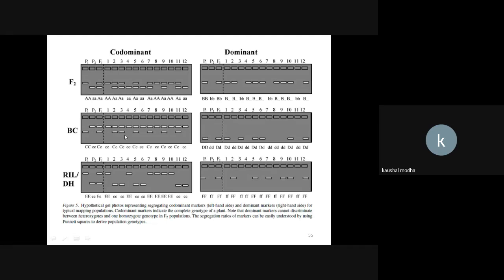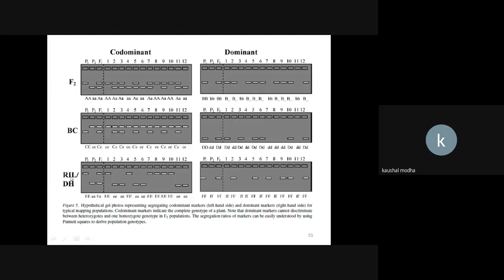So the profile itself can give you an idea that here F1 was crossed with P2, because the backcross progenies are expressing homozygosity similar to P2, and the heterozygous situation. So this would be the profile of backcross progenies if it is a codominant marker.